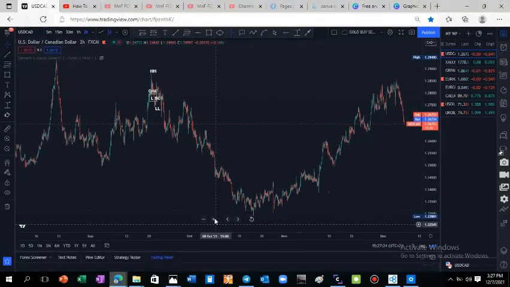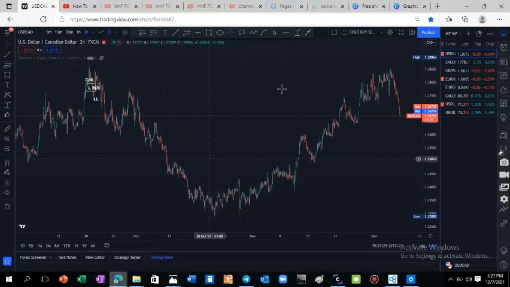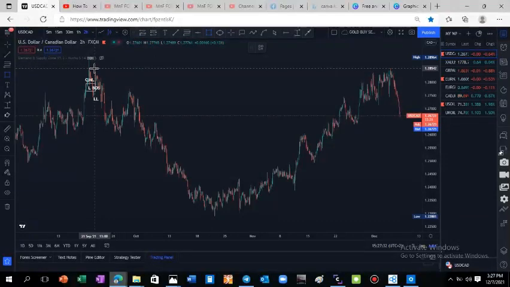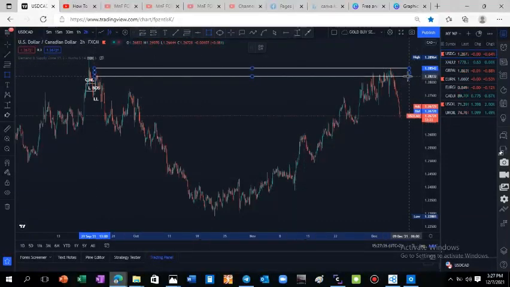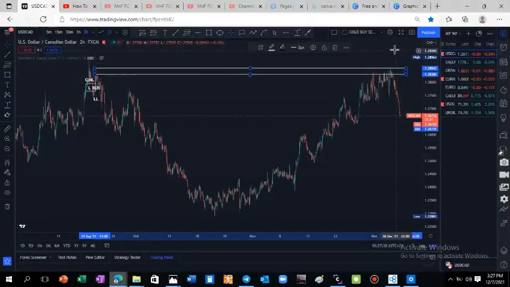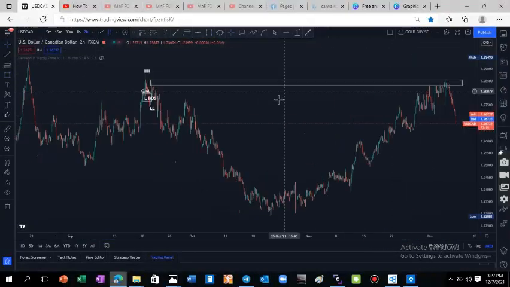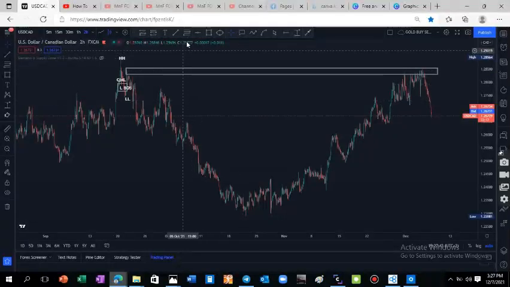You just need to pay attention, because the level was somewhere here, literally above that level there. And then first, where are my fake outs? The fake outs were somewhere here. These were my fake outs right here.